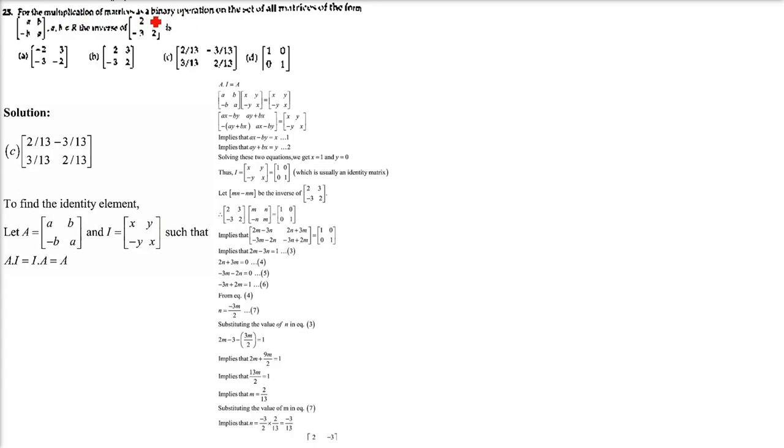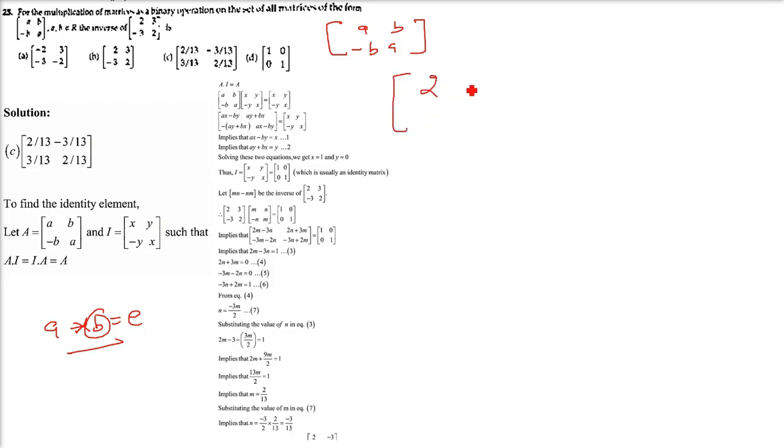For the multiplication of matrices, binary operation on the set of all matrices of the form A, minus B, B, A, the inverse of a value is given. So let me write this. This is the form, so we have to find the inverse of this matrix. Whenever we find the inverse, we say that A star B equals identity element E, so B is the inverse of A. Same logic we are going to apply here.